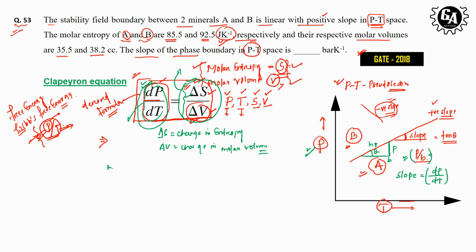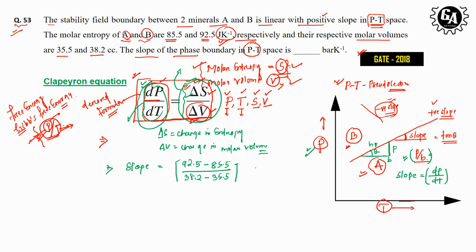In this case, write down directly: slope is equal to the change in entropy, that is 92.5 minus 85.5, divided by 38.2 minus 35.5, and write down the units also.